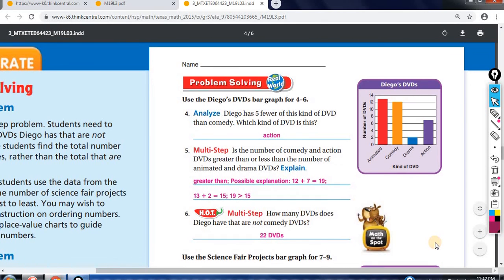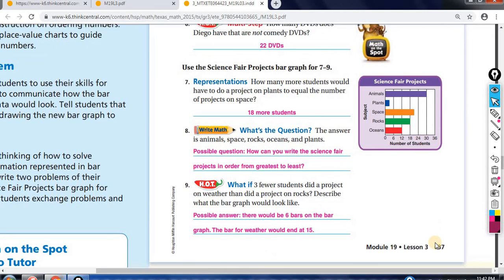Okay, so now we're using this graph here. How many more students would have to do a project on plants to equal the number of projects on space? So again, look at your graph here. The number of students is here, the subjects are here, the science fair projects, and it looks like it's jumping from 0 to 6. So halfway would be adding 3 to the number.